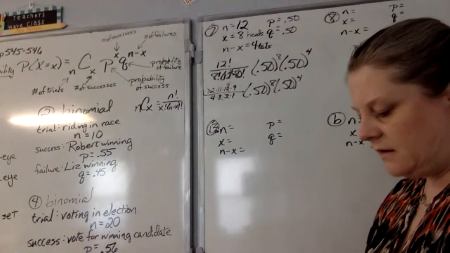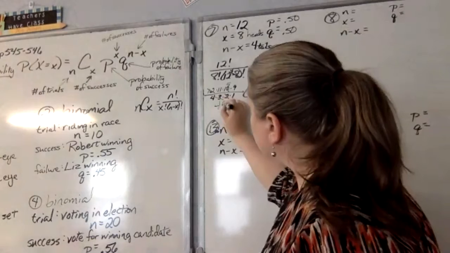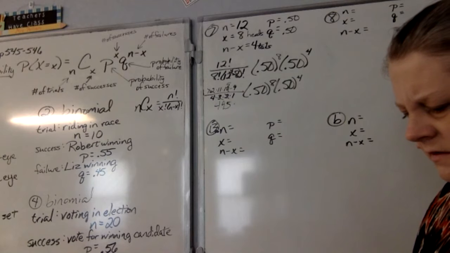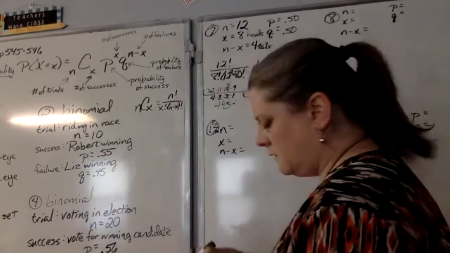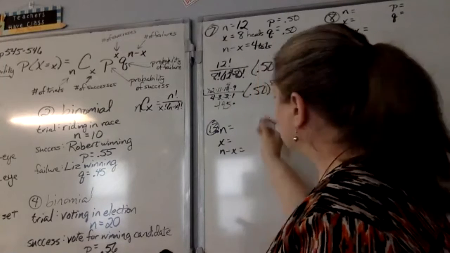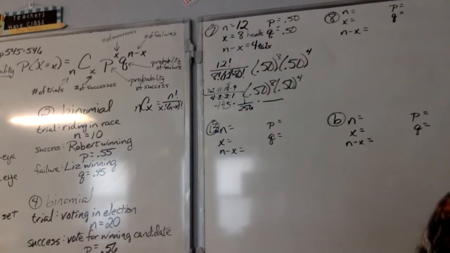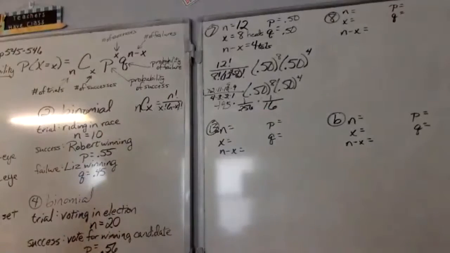But I'm doing it the long way, so if you don't have it. 495, and then 0.50 to the 8th power, which is 1 over 256, and then 0.50 to the 4th power, which is 1/16.